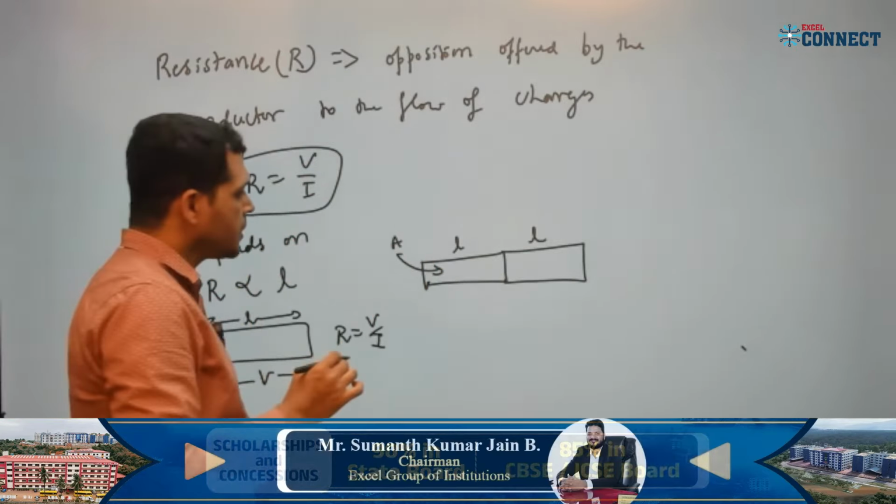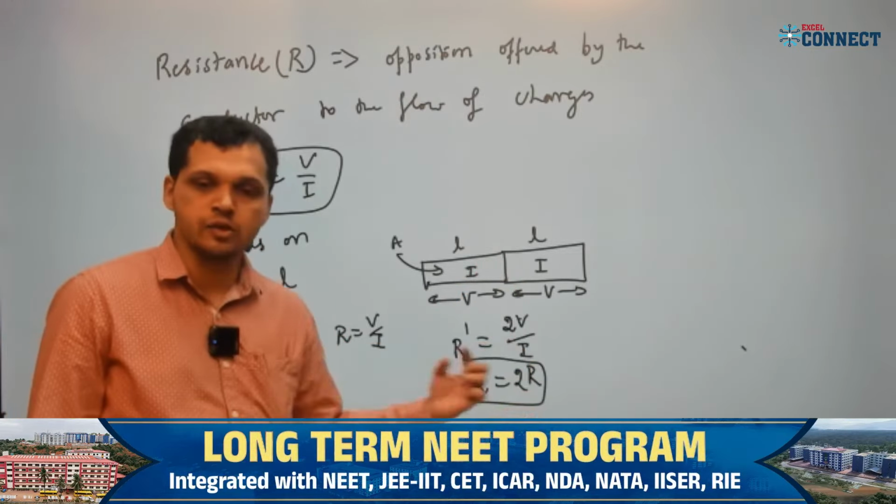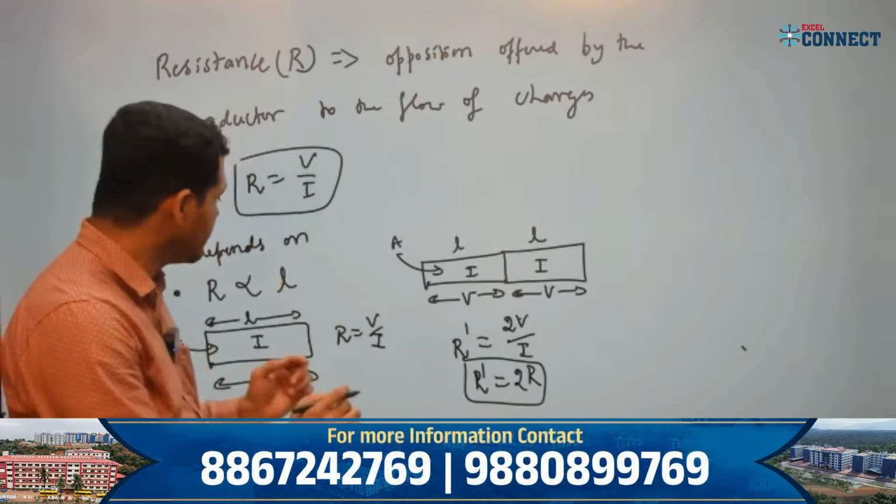What I did here is only increase the length of the conductor. As the length of the conductor increased, resistance doubles. Length doubles, resistance doubles. That is the meaning of directly proportional: as the length increases, resistance also increases.